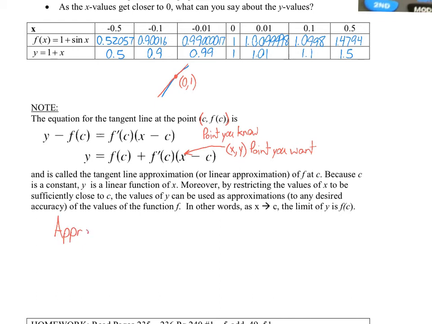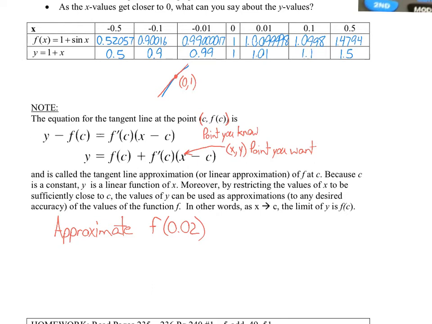Approximate f of, let's say, 0.02, since we didn't do that one on the table up there. Okay, now because I have this table, I know it's going to be somewhere between 1.0099998 and 1.0998. All right, but what actually is it?